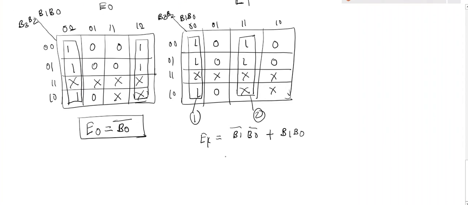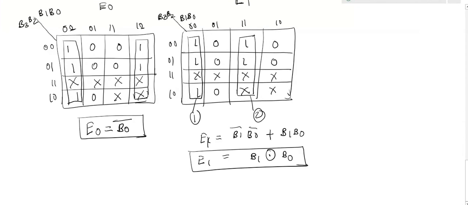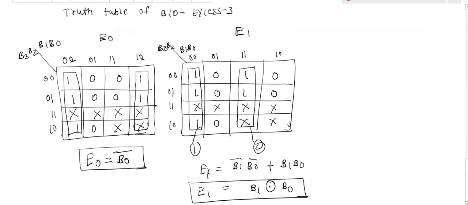Now again we know that A bar B bar plus AB is nothing but XNOR operation. Now I can represent this expression as B1 XNOR B0. This is the expression for the E1. Now we'll draw the K map for E2.